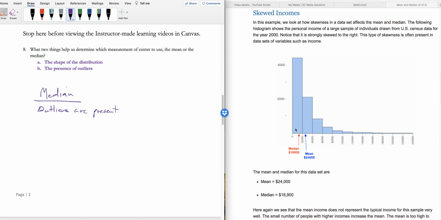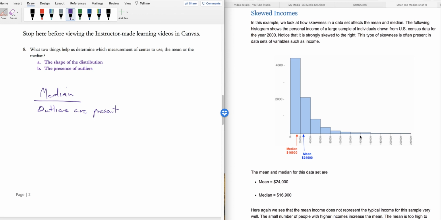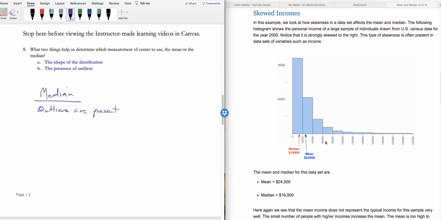So as we take a look at the median and the mean here, again, although the mean is pulled up by this high data, by this skewness to the right, it really isn't coming out with a very representative value of the large amount of people with very low incomes.